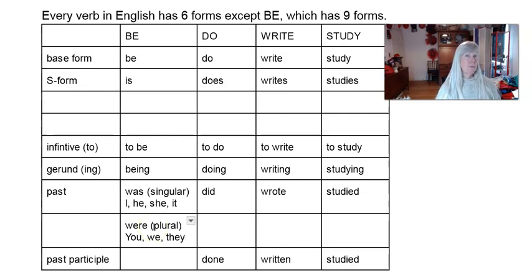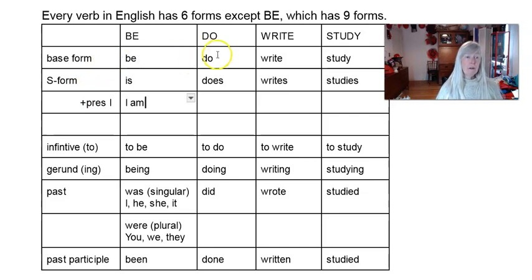It is the only verb in English that has 2 past forms. And the past participle is been. Be, was, been. Now we have 2 more spaces here, and we have 2 more forms to go that no other verb has. We have an extra present I form, I am.